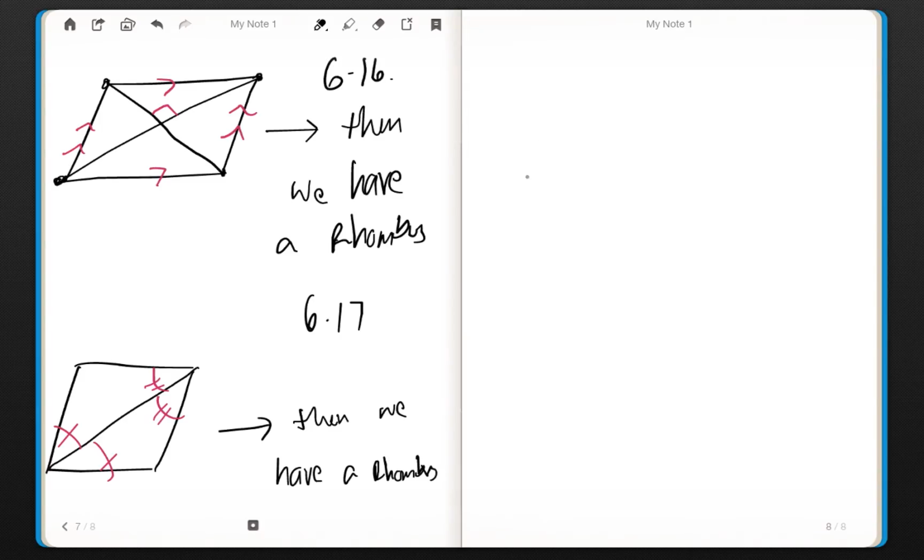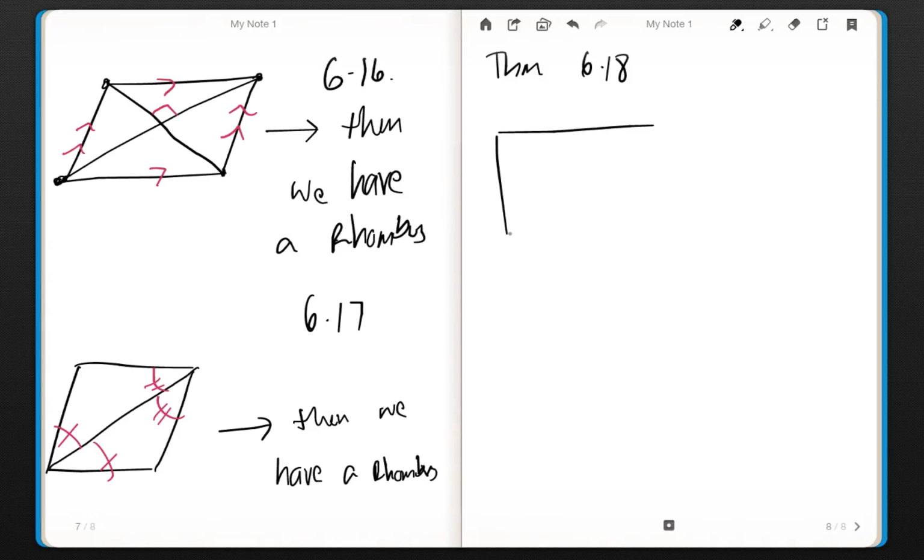Now finally, at least for these theorems, theorem 618: if the diagonals of a parallelogram are congruent, then the parallelogram is a rectangle. This is the theorem we're going to use to show that our parallelogram is a rectangle. So we need congruent diagonals.